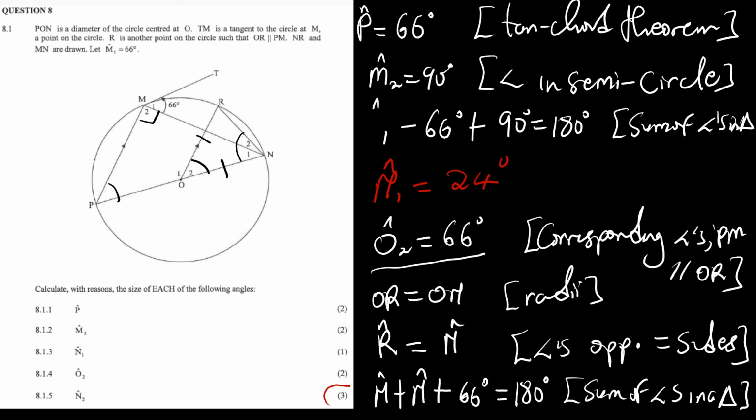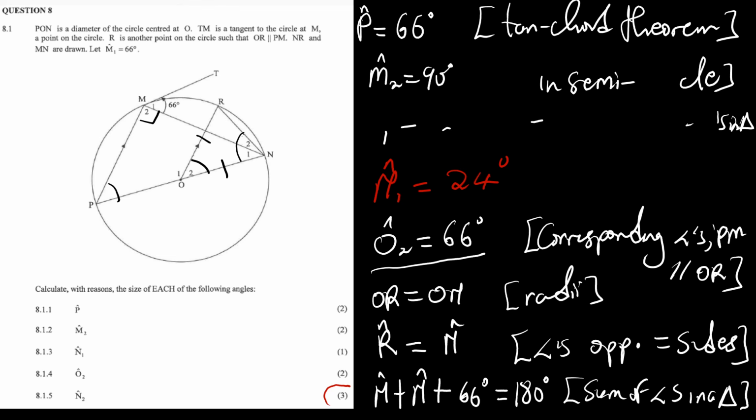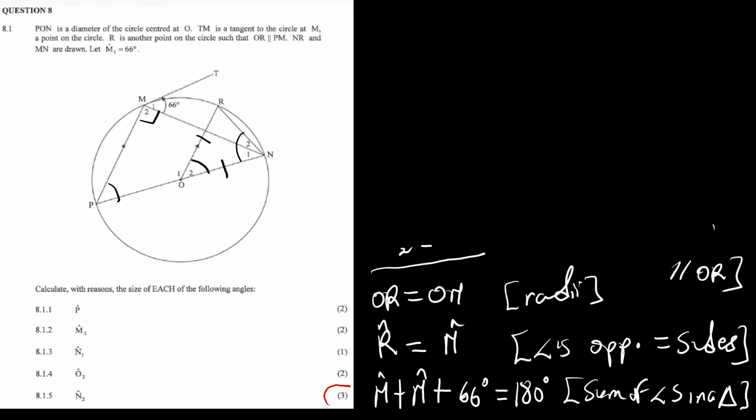Now we can find angle N. Angle N plus angle N gives 2 angle N. Then we take 66 degrees and subtract it from 180 degrees, and we get 114 degrees. Then we divide by 2, and angle N gives us 57 degrees.